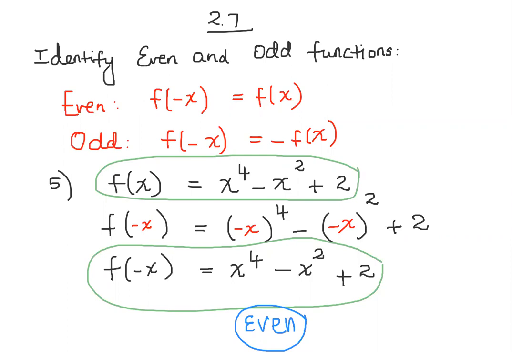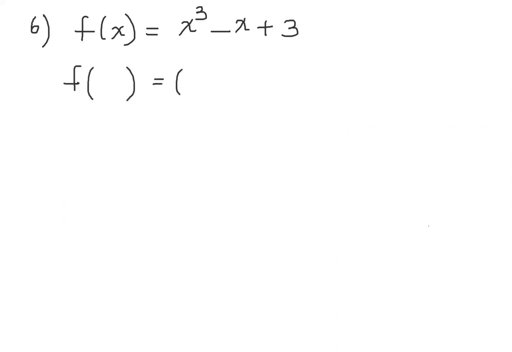So we are moving on to number 6. So we are given f of x equals x to the third minus x plus 3. Now again, let's replace all the x by negative x.